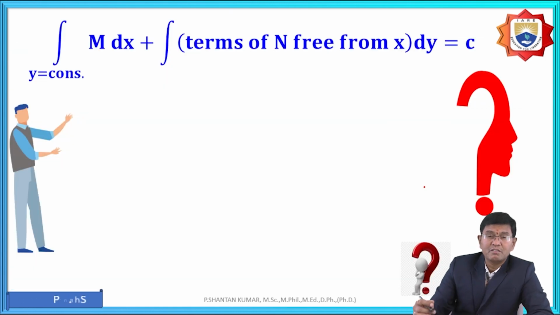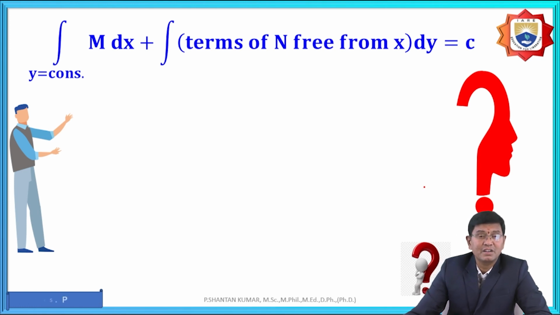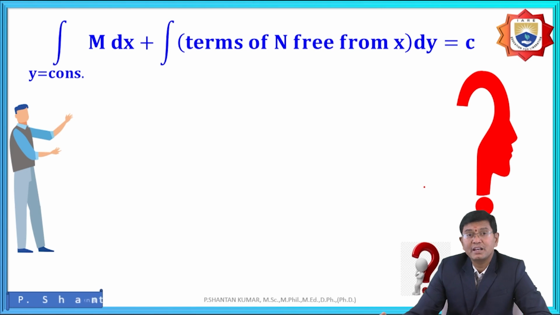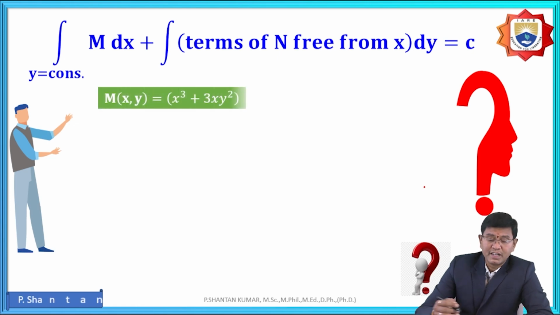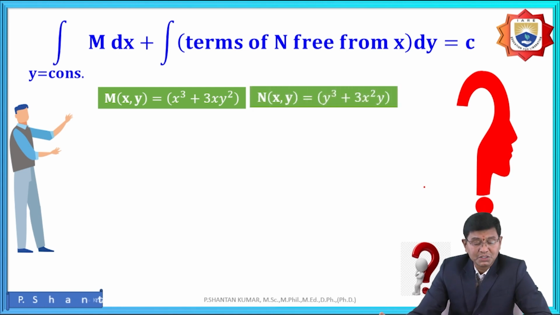Before going to calculation, like the problems, we need to understand the basic concept: what is the meaning of being free from x, from the given function N, which is containing x, and M, which is not containing N. For example, suppose M is a function, and N is a function.